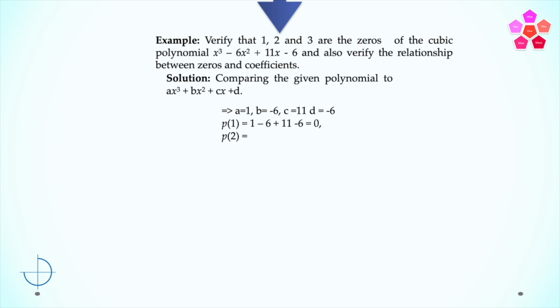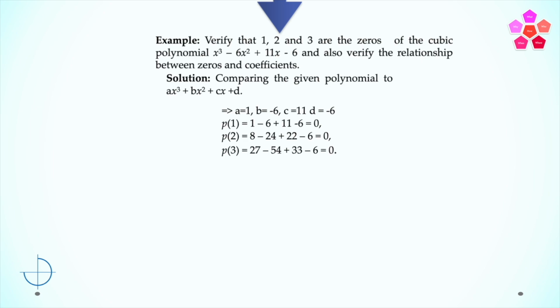Again, p of 2 is equal to 8 minus 24 plus 22 minus 6, which again arrives at 0. P of 3, which is equal to 27 minus 54 plus 33 minus 6, is also 0. So we have verified that 1, 2 and 3 are the zeros of the cubic polynomial.